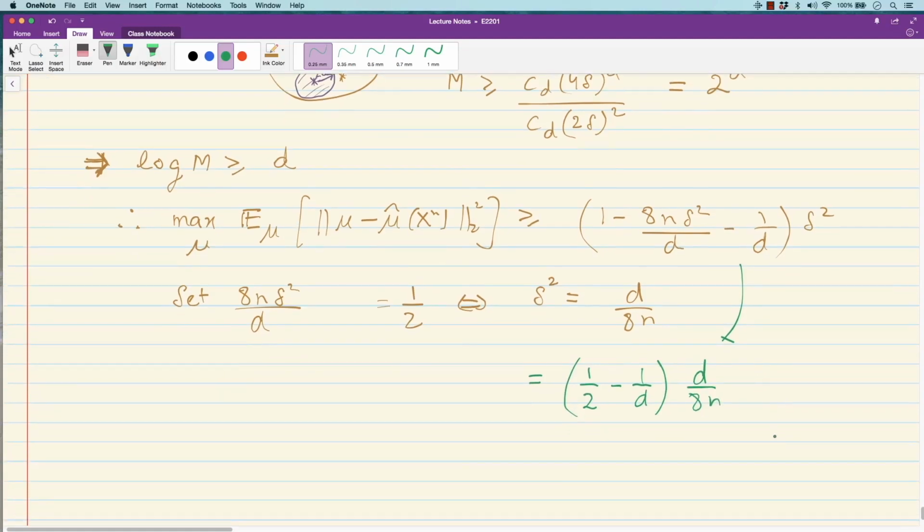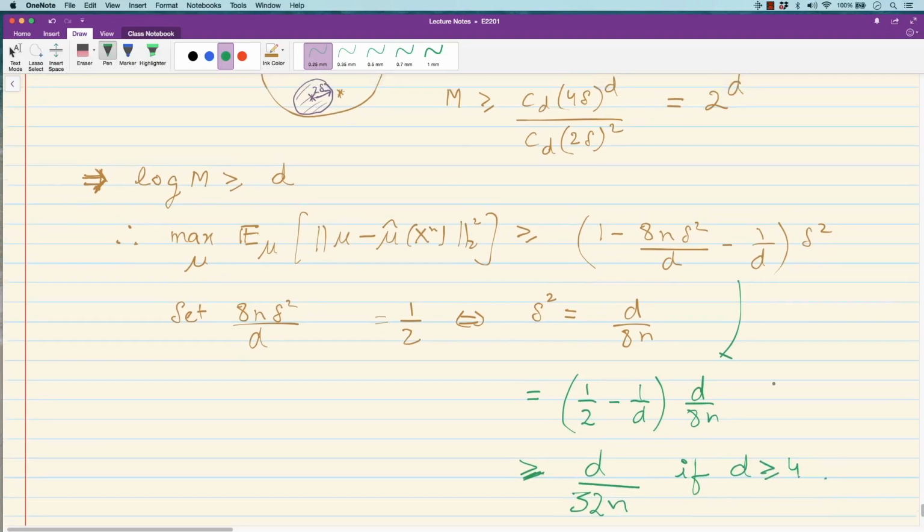Okay, and for d greater than or equal to 4, this is greater than d by 32n.